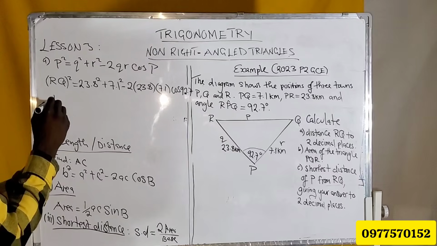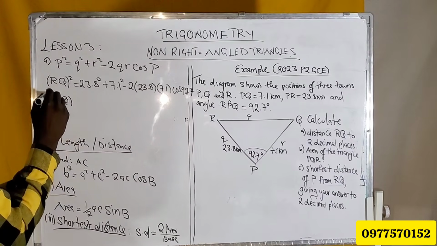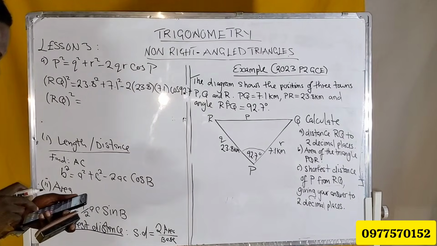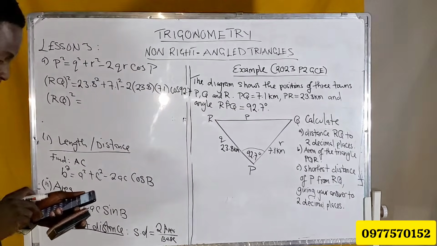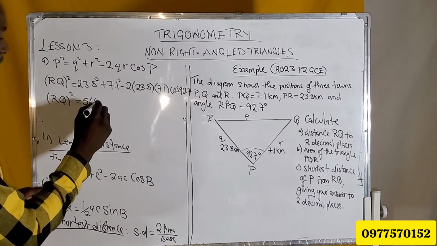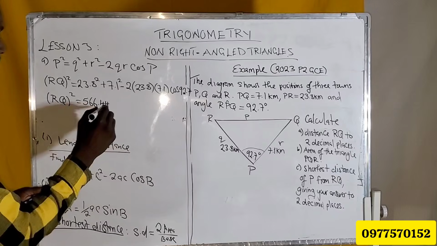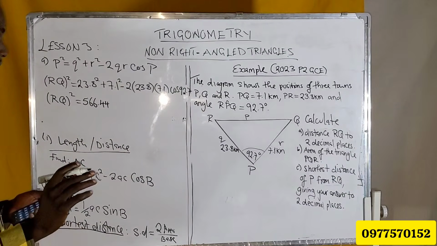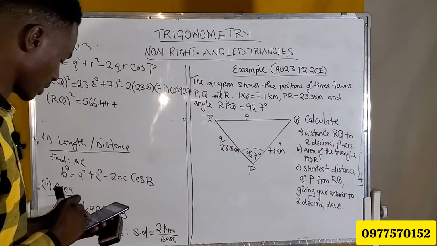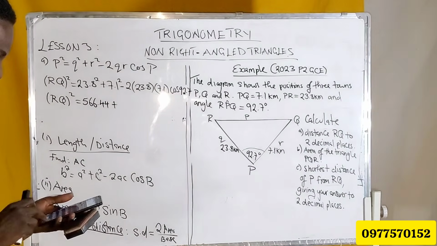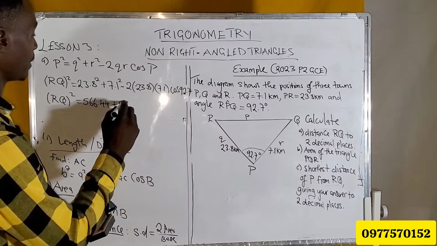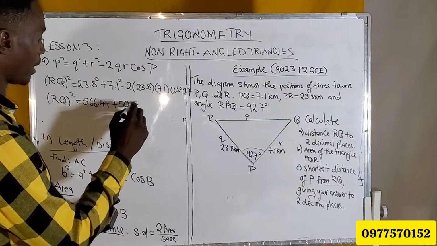So here we can just write RQ squared is equals to, what is 23.8 squared? It's giving me 566.44. Don't round off here yet. Don't round anything off. Plus 7.1 squared. So 7.1 squared is 50.41.